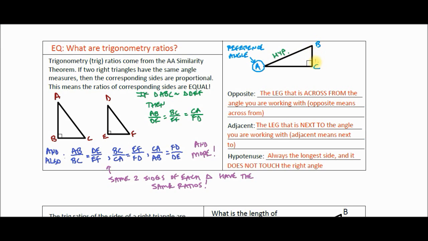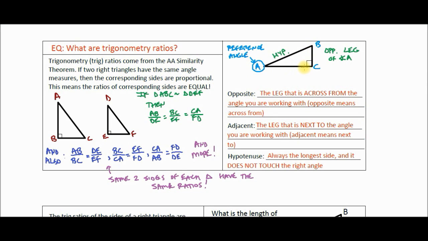Take a look at side BC. It is the side that is across from angle A. And because it's across from it, this is called the opposite. I'm going to abbreviate this. This is the opposite leg of angle A.